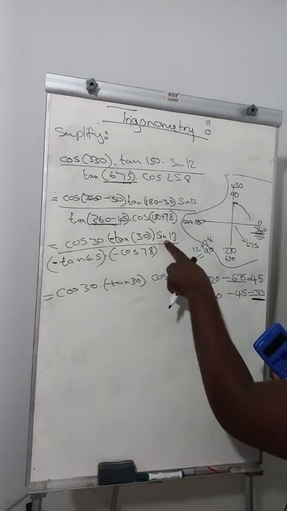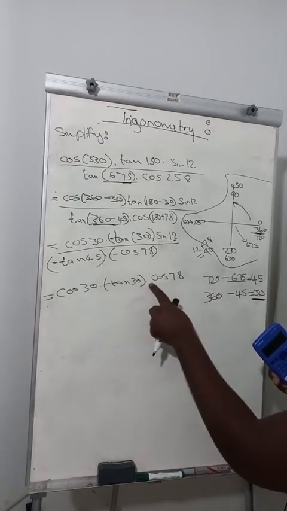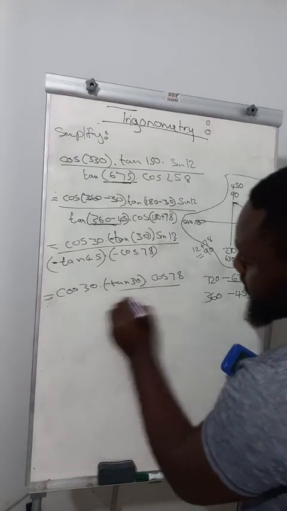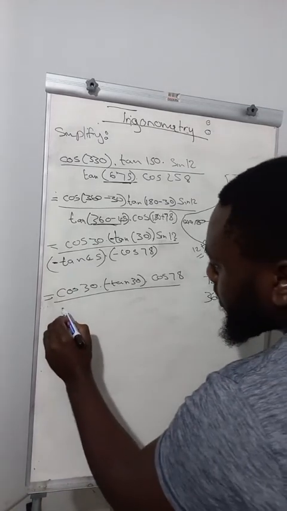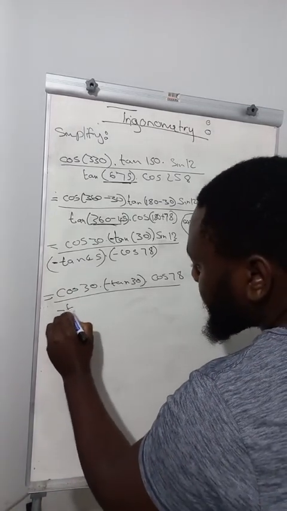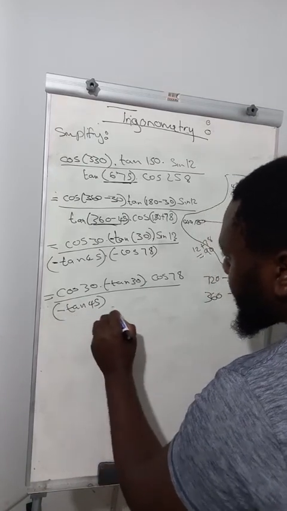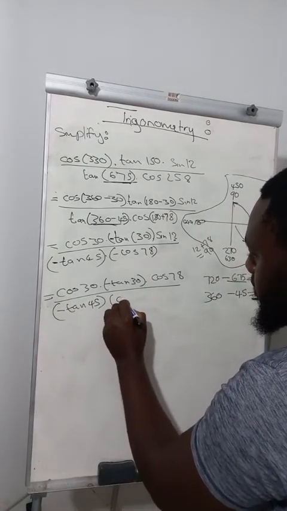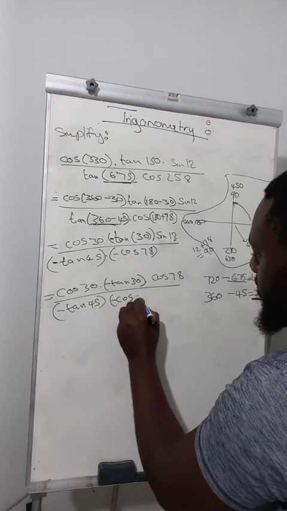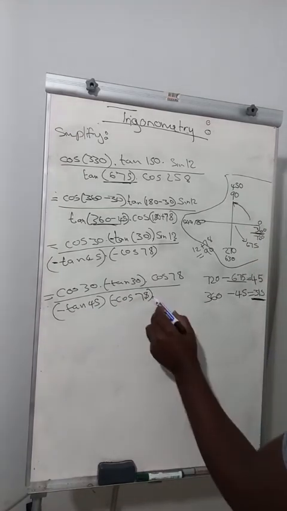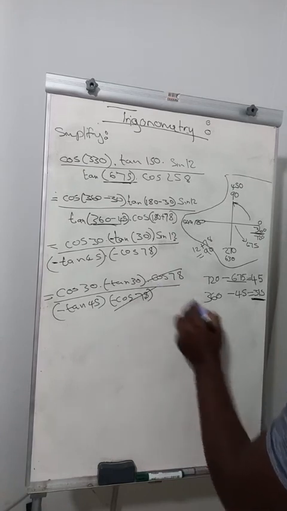So it means its cofunction is 78. Meaning it will say cos 78 divided by, this will just say negative tan 45, and then this will be a negative cos 78. Now, do you see that this and this go out?